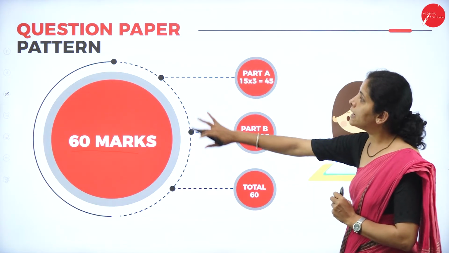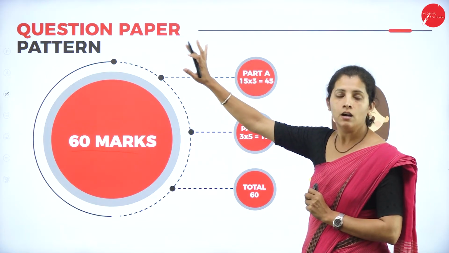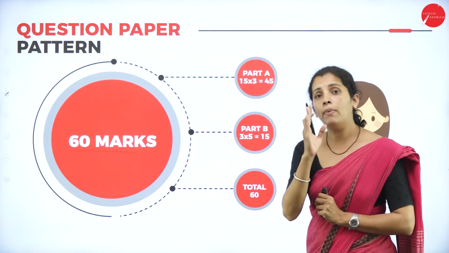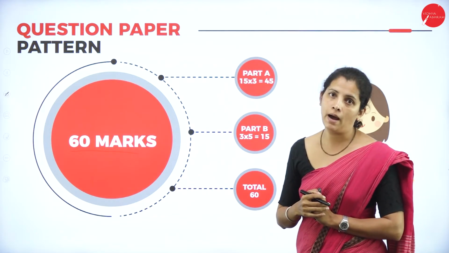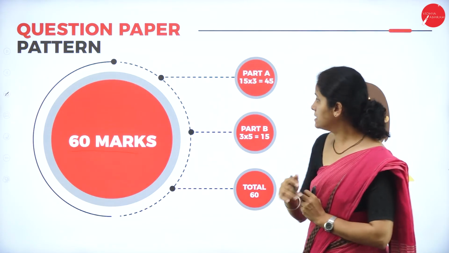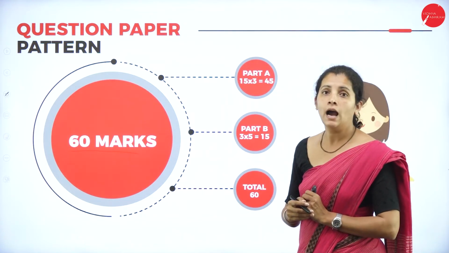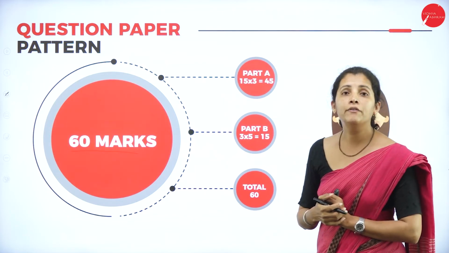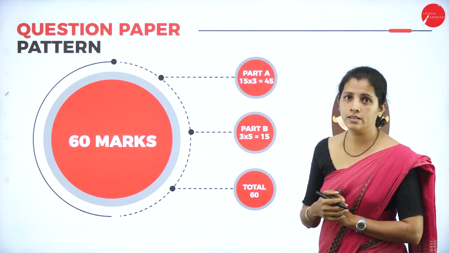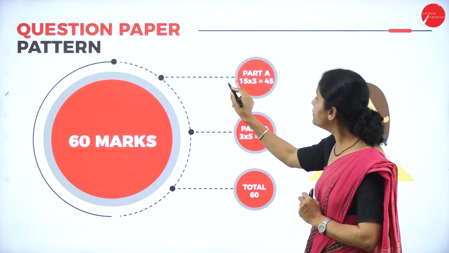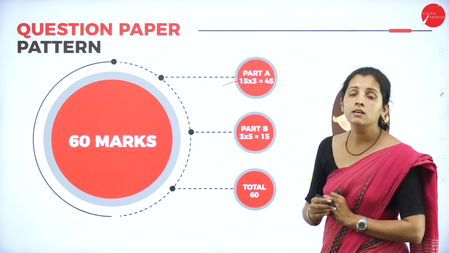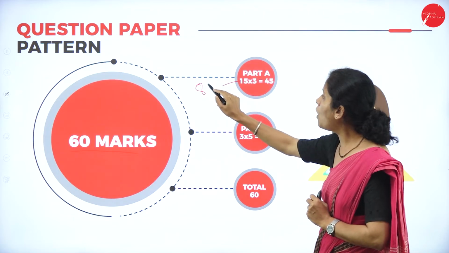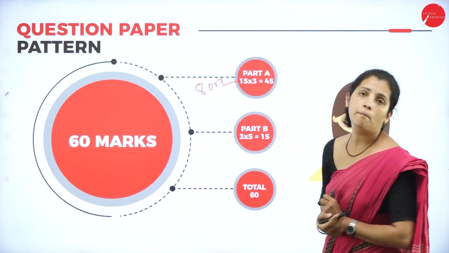Now, if I consider the question paper pattern, here we have part A as well as part B. Under part A, I'm going to get 15 marks questions. This 15 marks is divided into 8 and 7 marks.